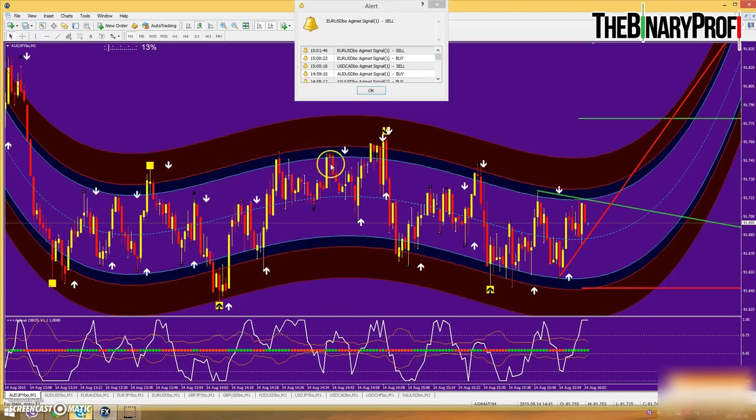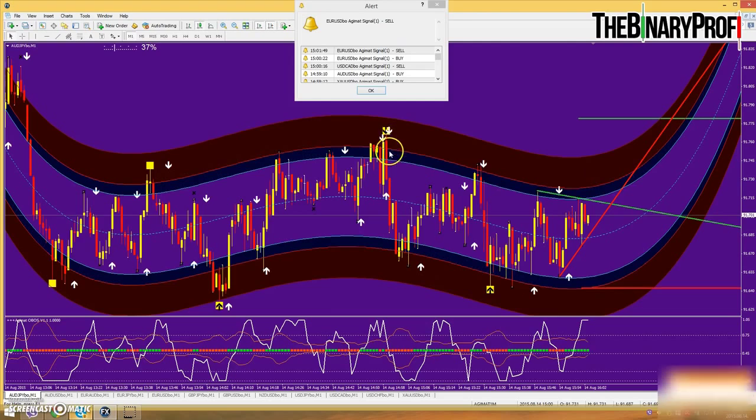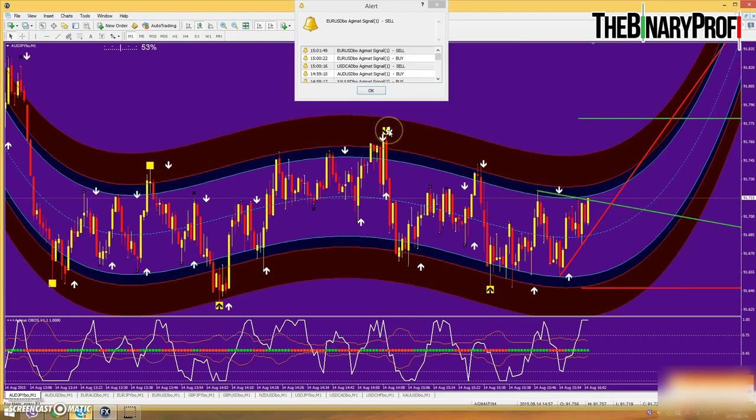Let's check another signal. You see these ones are not good enough because the candles are in the middle. We have another good trade here. You see here again a white arrow which will not disappear. It is a non-repainted arrow. This arrow you can trade because I told you before you should enter the trade in the red channel, and both are in the red channel, the white arrow and the candle as well.